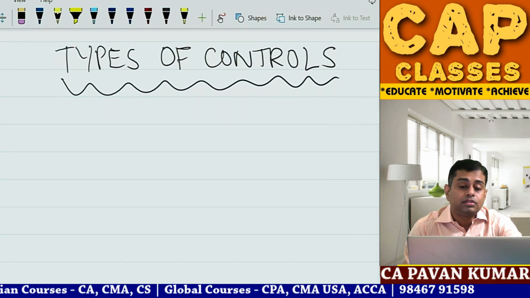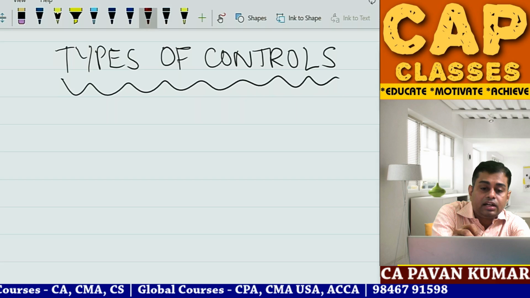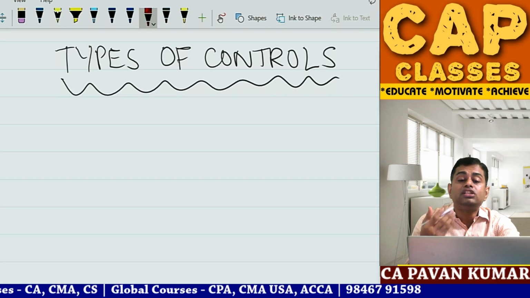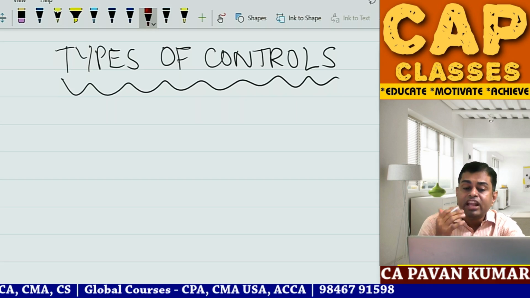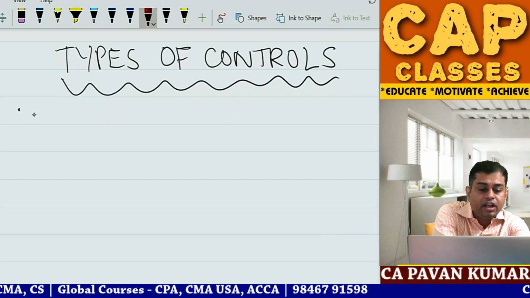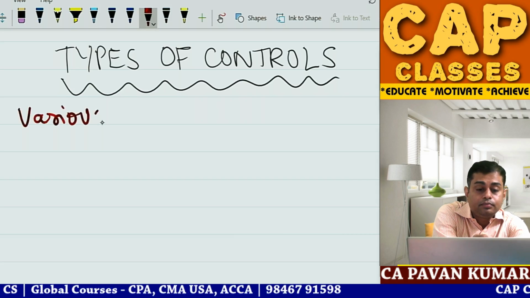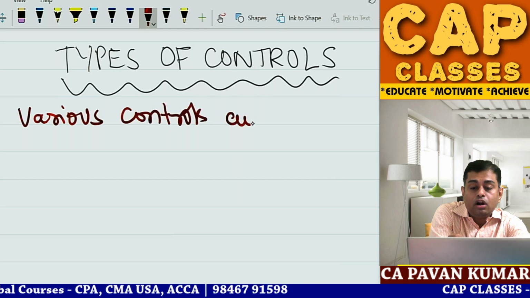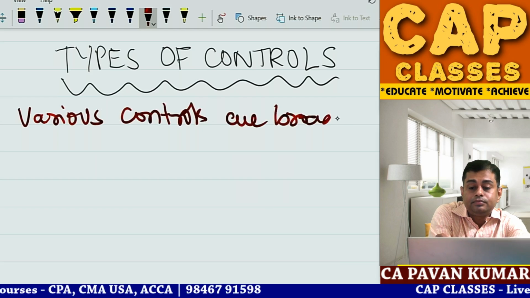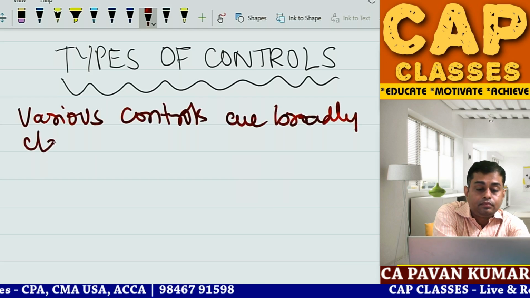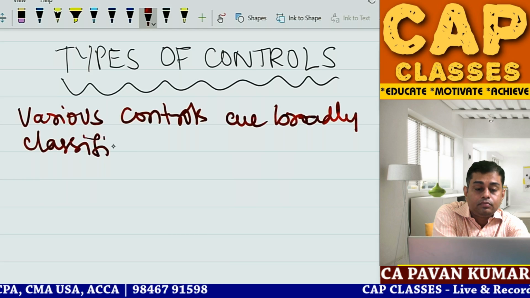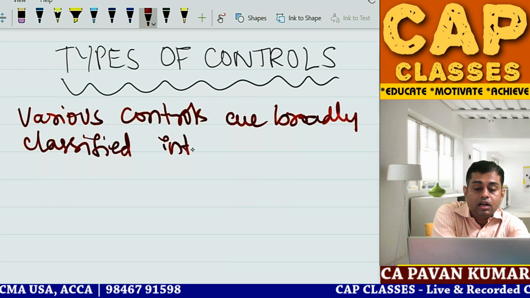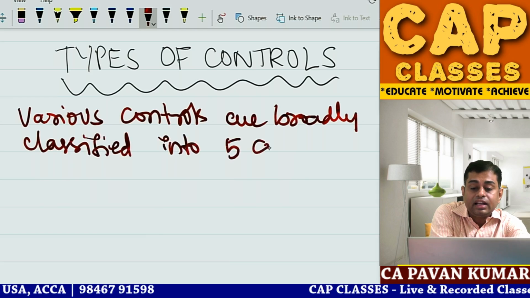Under the trade, various controls are broadly classified into 5 categories.